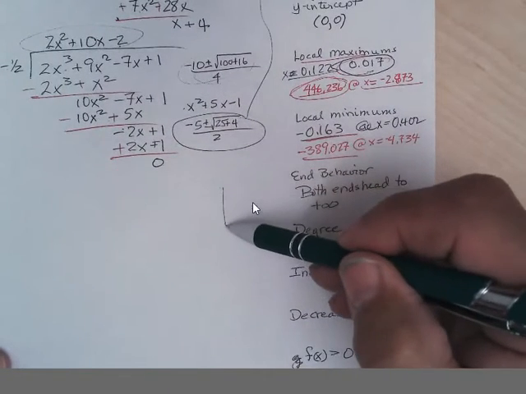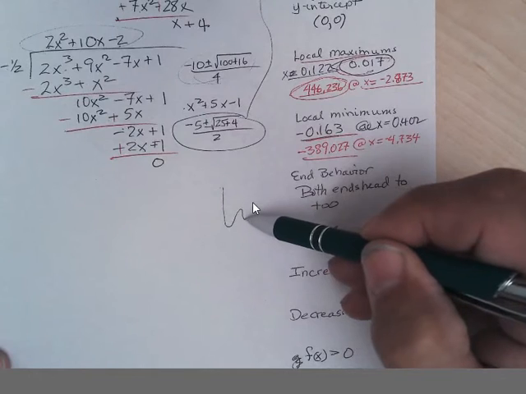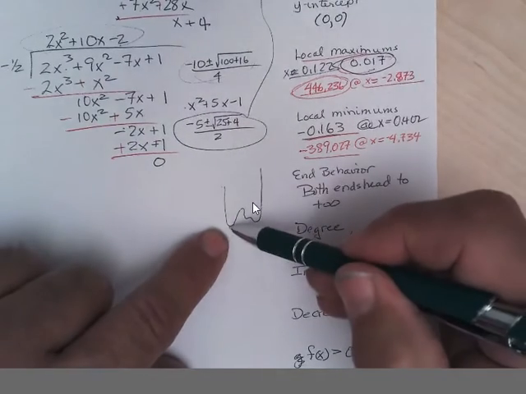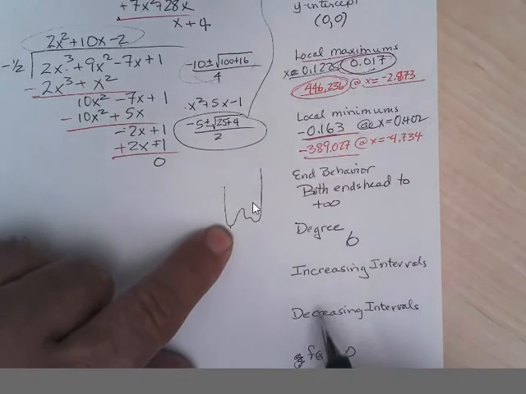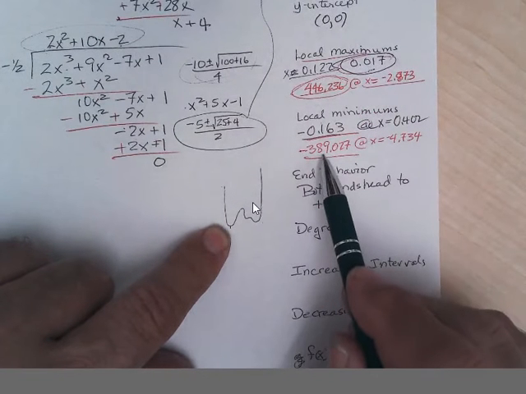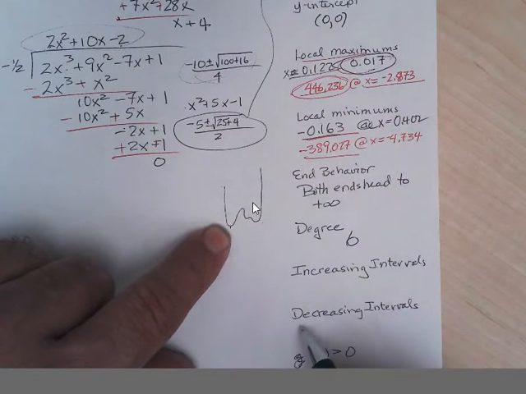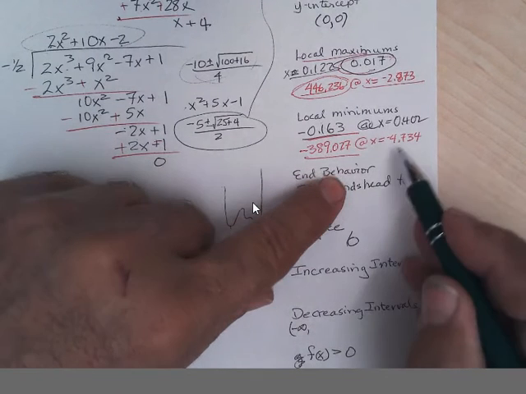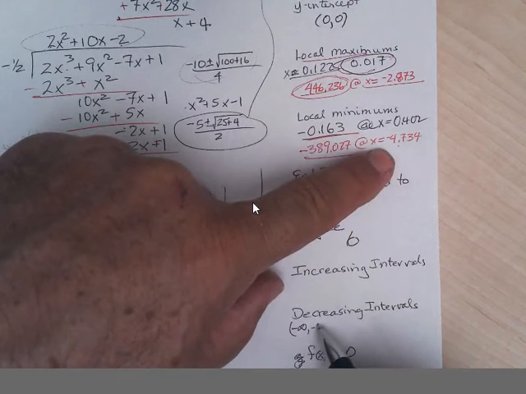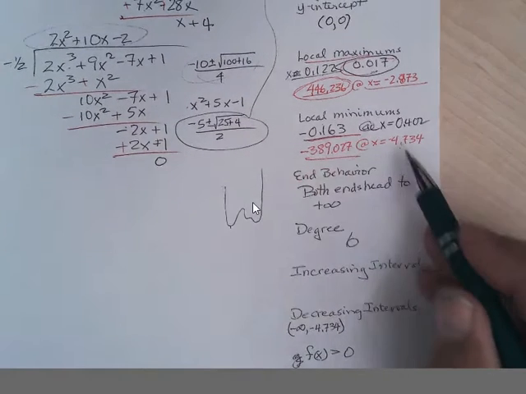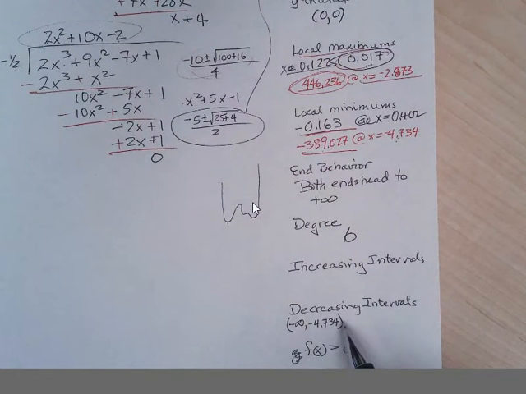It went down, came up, bounced at 0, went up, and went down like that. So it decreased all the way up to that local minimum way down there. So it's decreasing from negative infinity to that x value, negative 4.734. That's where this number becomes important, to knowing when it quits being decreasing.